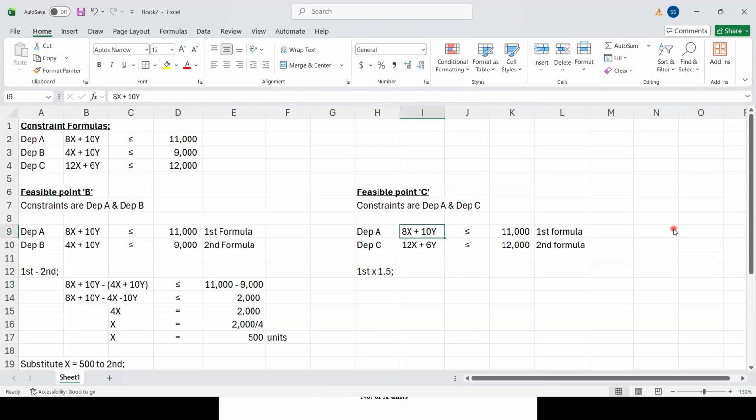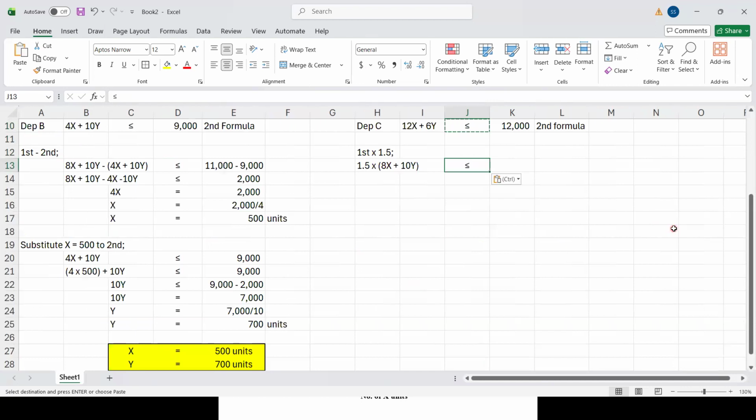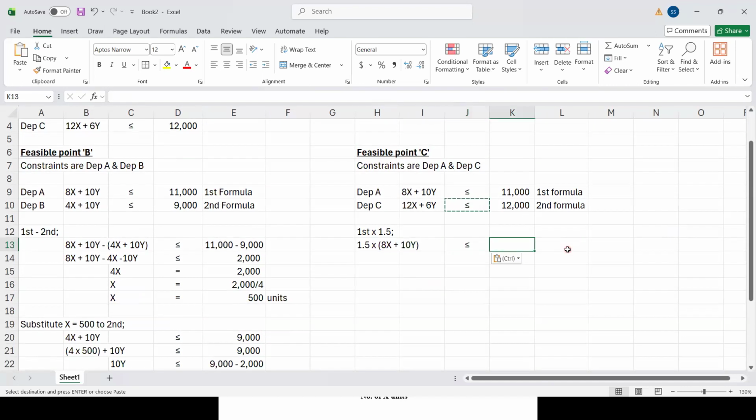So Department A: 1.5 into 8x plus 10y equal or less than 1.5 into 11,000.